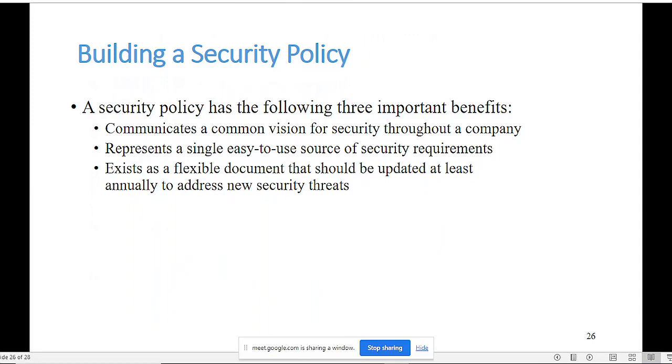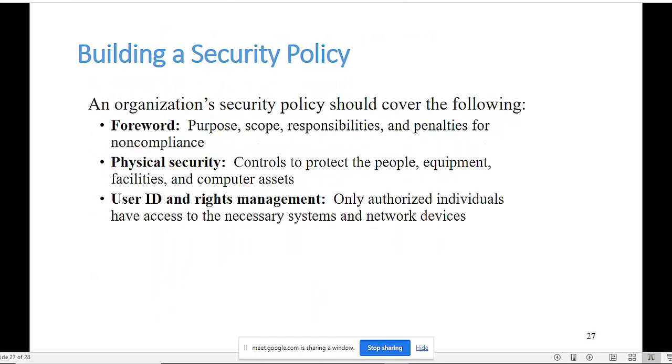It communicates a vision for the entire company, represents a single voice, right? So everyone can always refer to that policy. There's no third party to make excuses, right? And of course, it's a flexible document in that you can always change it when something happens.